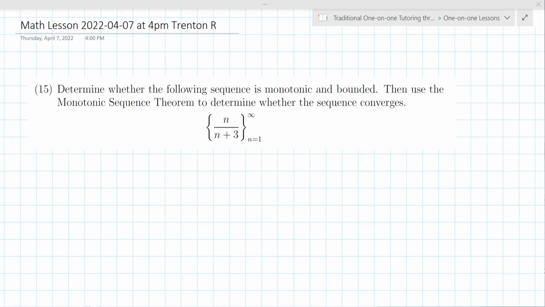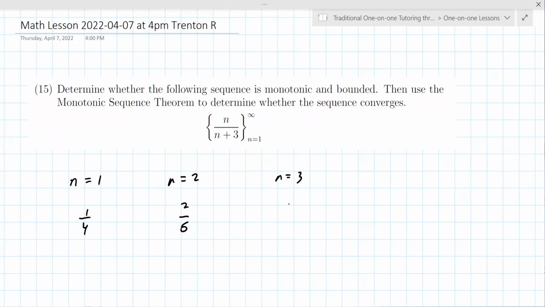Okay, so an increasing or decreasing sequence is called monotonic. And I don't remember if we write out a few terms here. If n equals 1, it's 1/4. If n equals 2, it's 2/5, and so on.